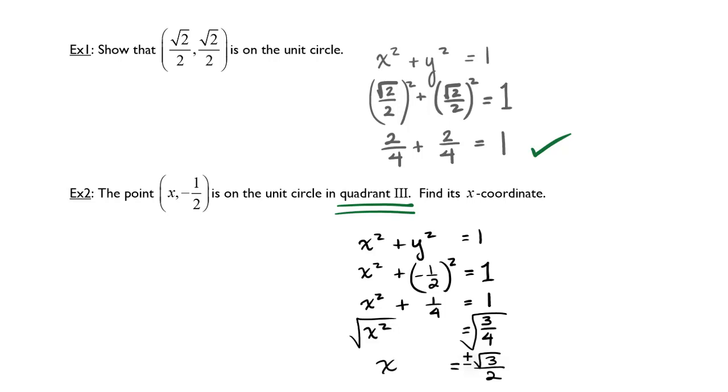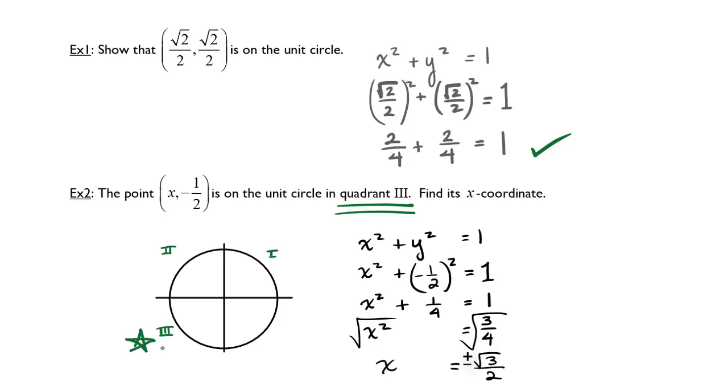Now the last step here is to actually draw the circle and see what we're dealing with. Then I know that I'm in the third quadrant, and so in the third quadrant, x and y are both negative. I'm telling you this because if I solve for x and it's root 3 over 2, that doesn't necessarily make sense. Notice that we're squaring both of these.